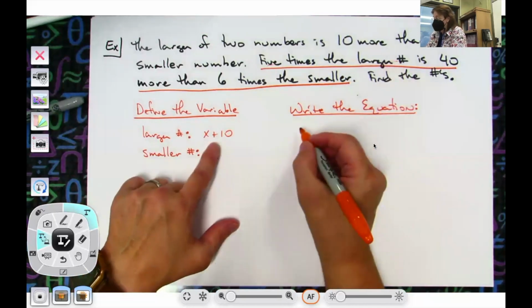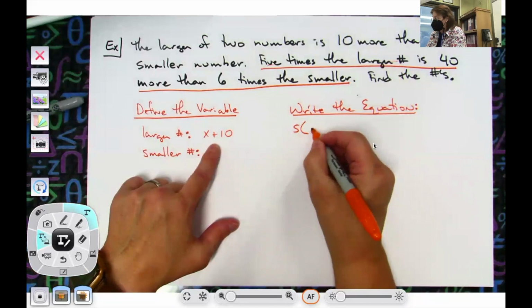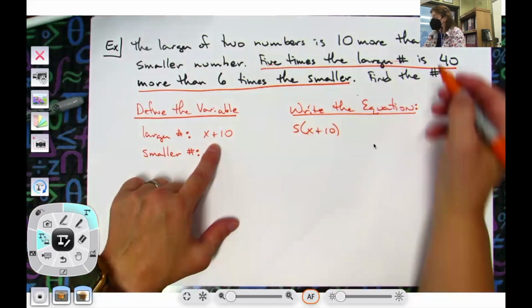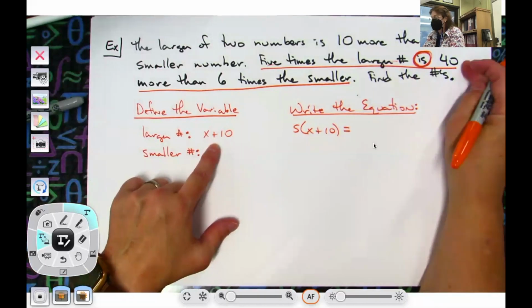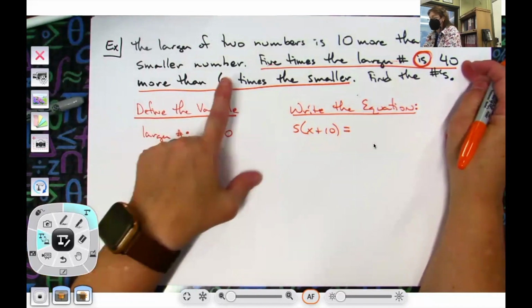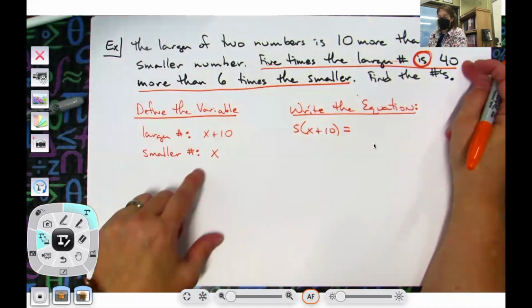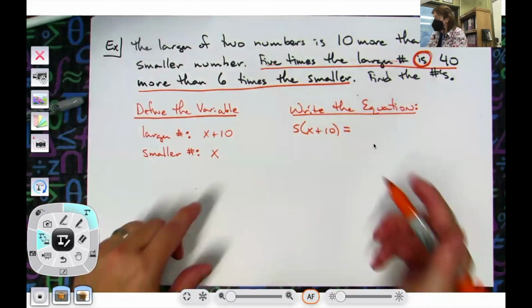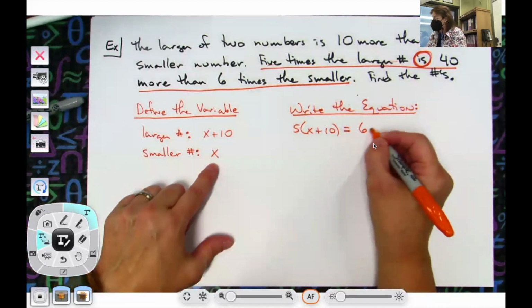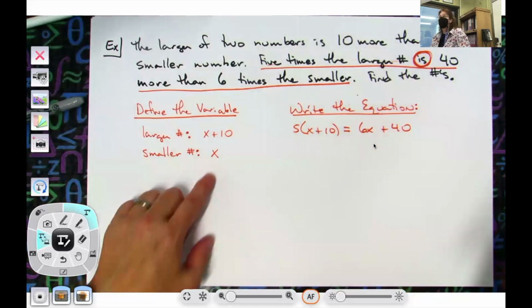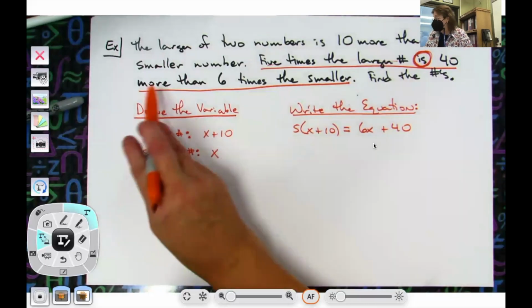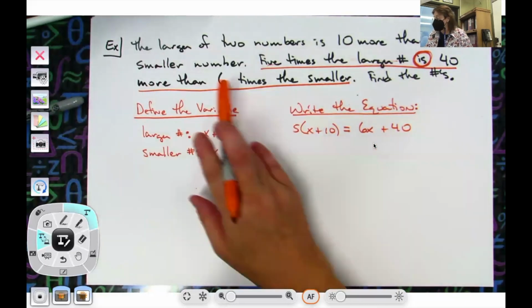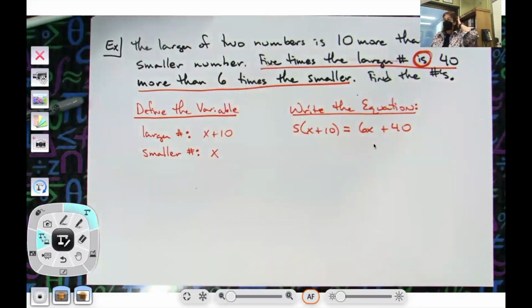So 5 times that, x plus 10, is, so then there's my equal sign, 40 more than 6 times the smaller. And so I don't care if you put the 40 first or whatever. Sometimes I just automatically will go 6x plus 40. If you wrote 40 plus 6x, it's going to be the exact same thing. All right, 40 plus 6 times the smaller, so 6x. Okay, all in one variable.